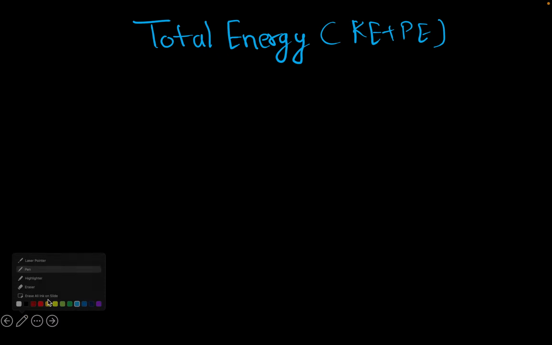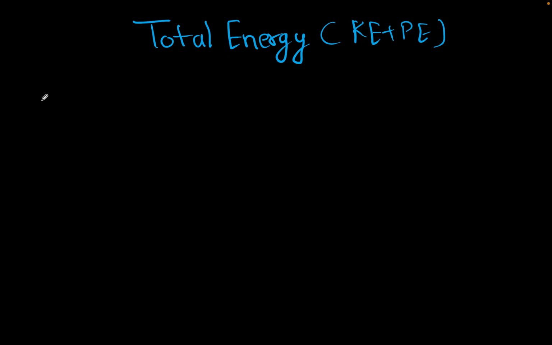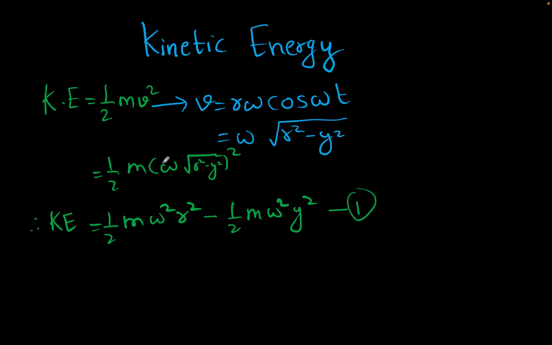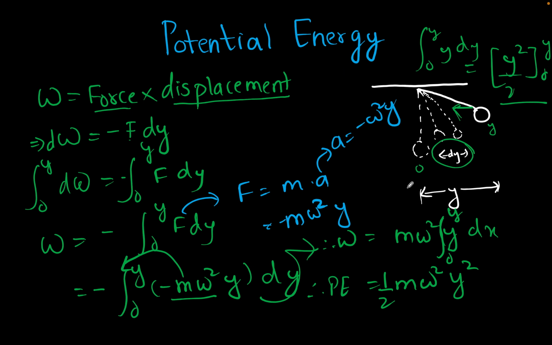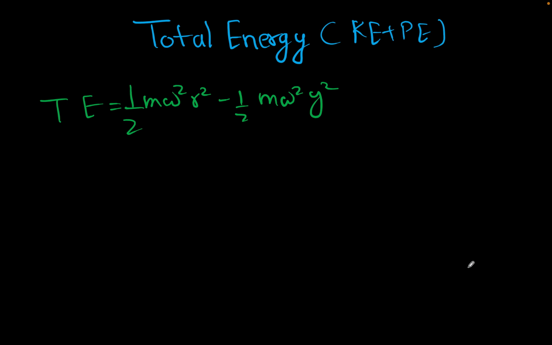So if we write it down here, total energy is going to be our kinetic energy, which is this right here: 1 by 2 m omega square r square minus 1 by 2 m omega square y square, and our potential energy is 1 by 2 m omega square y square. So plus half of m omega square y square.